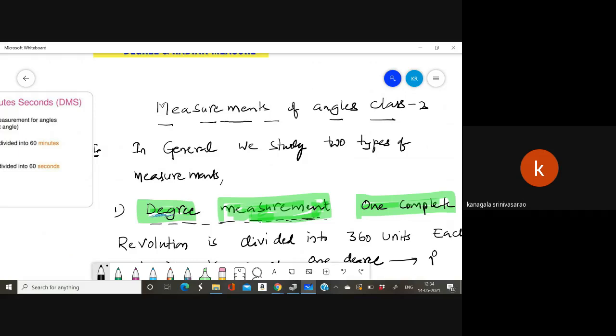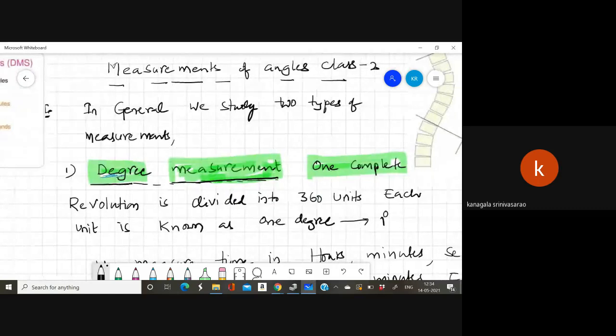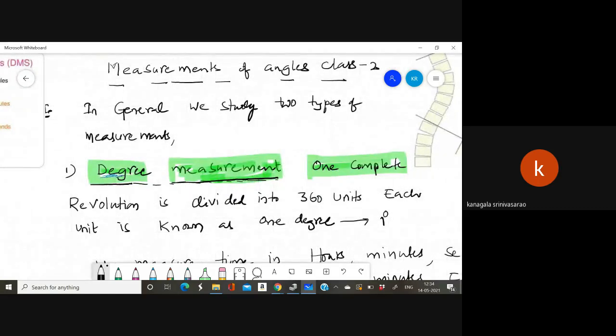First one is degree measurement. This is the basic measurement system in angles. Everyone knows about a complete revolution, one full circle, one complete round.